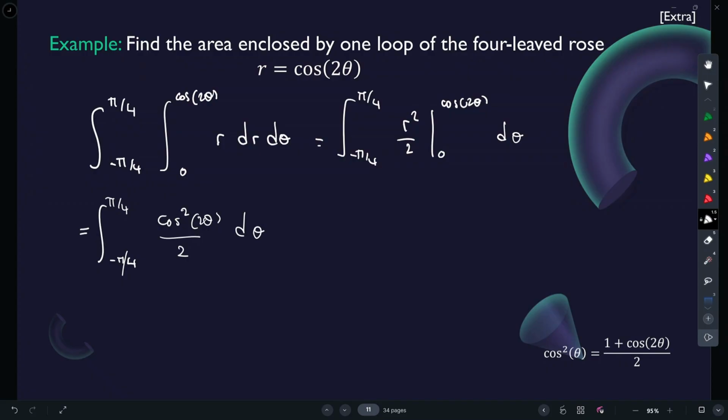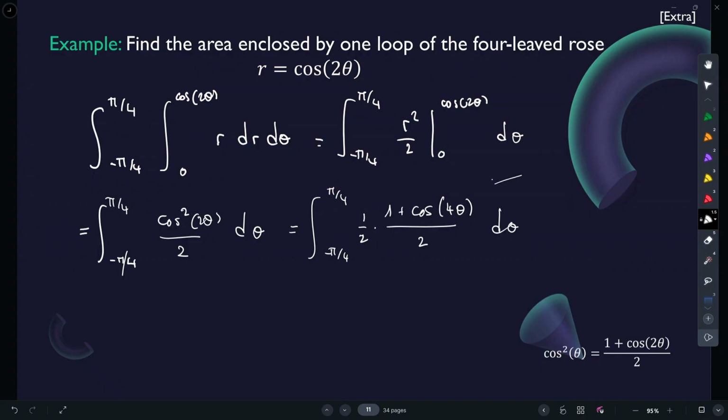So now I have to integrate that one. And just remember that the way we integrate a cosine squared is by using the double angle formula. So that is the integral from minus pi over 4 to pi over 4, with a 1/2 in front already, and cosine squared is 1 plus cosine of twice what I had inside, so this is cosine of 4 theta, divided by 2, d theta.